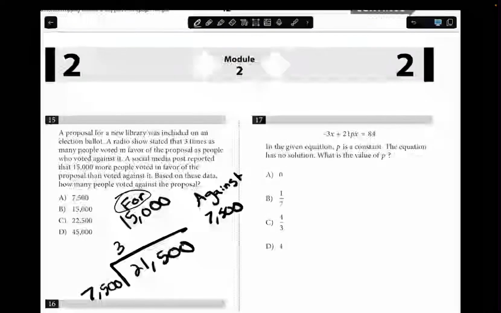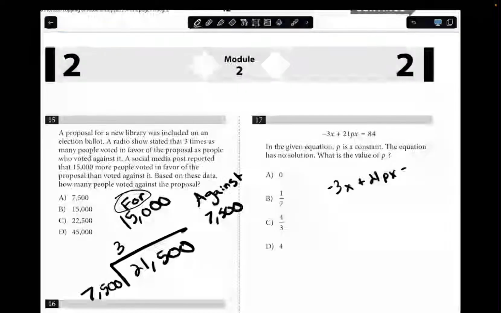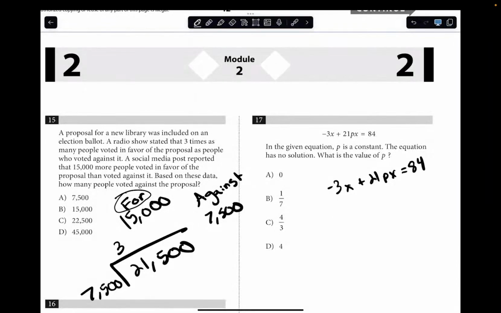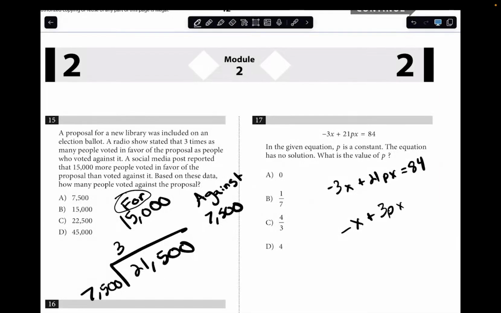What if I factored out 3, right? Just as a method. I'm going to take 3 out of this whole thing, because this all can be factored by 3. So I get minus x plus 3px equals 84 divided by 3, which is 28.